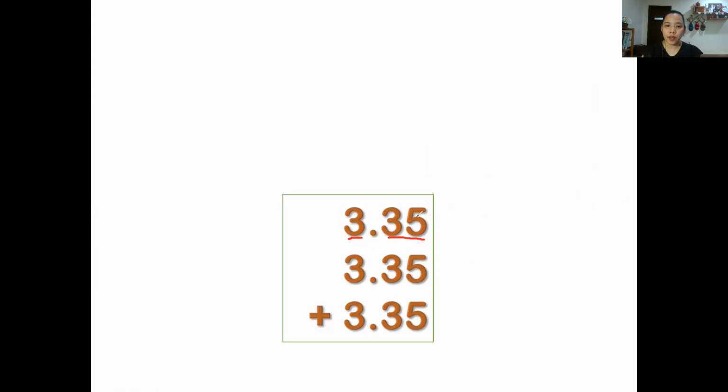So you are going to add first these numbers here. So 5 plus 5 plus 5 is equal to 15. So you write 5 here, and then 1 right there. So 1 plus 3 plus 3 plus 3 is equal to 10.